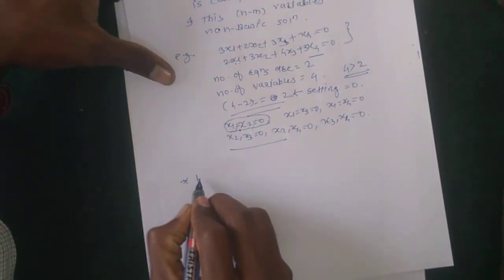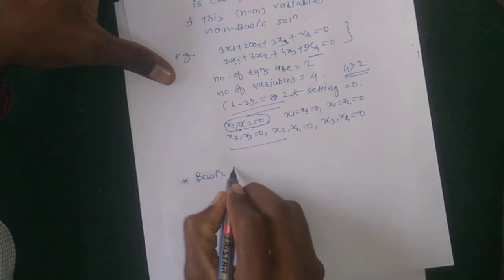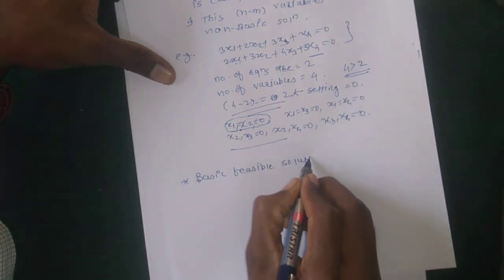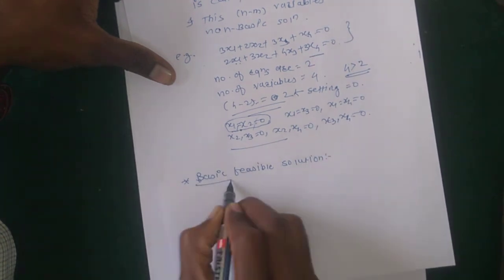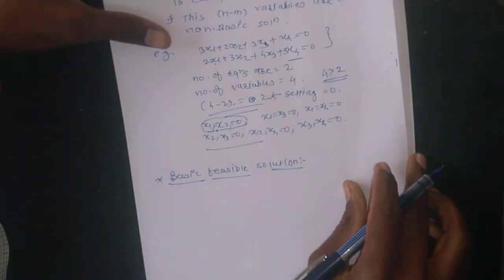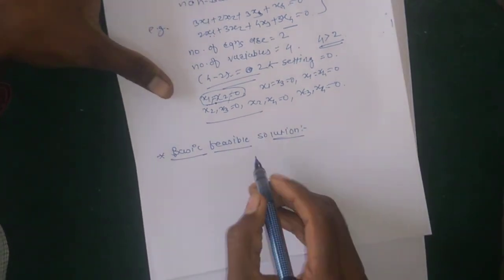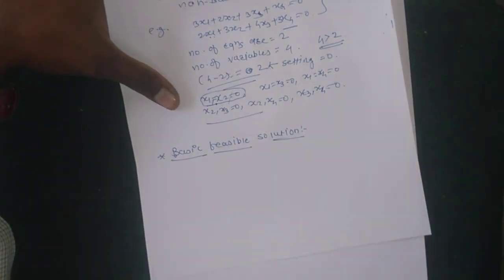Then the next definition is basic feasible solution. What is meant by basic feasible solution? A feasible solution which is basic.